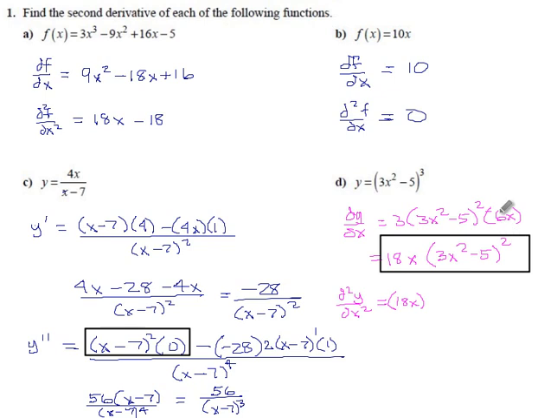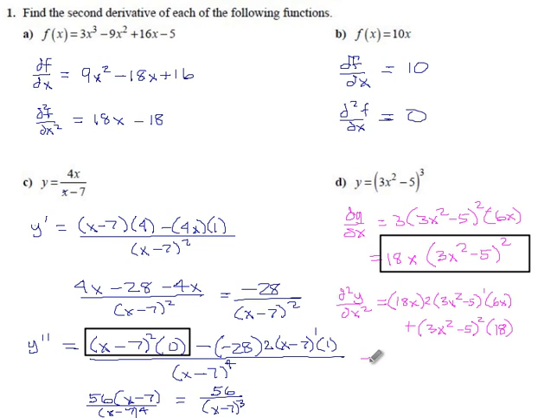The derivative of the second, now we get chain rule. 2 times 3x squared minus 5 to the first power times the derivative of the inside, which is 6x. So that's first. All this is d second plus, now we get second d first. The derivative of the first is simply the number 18.